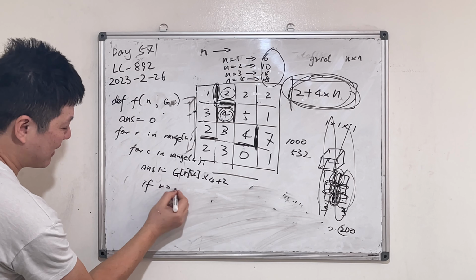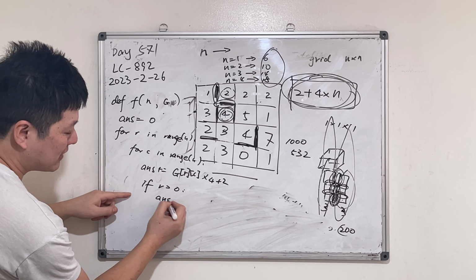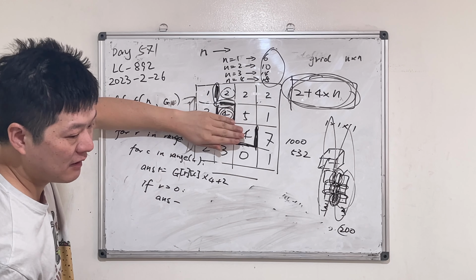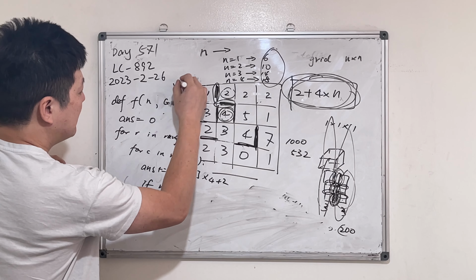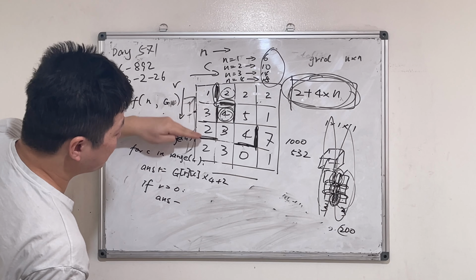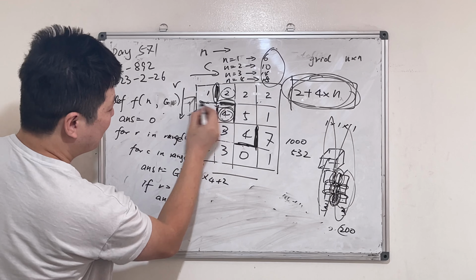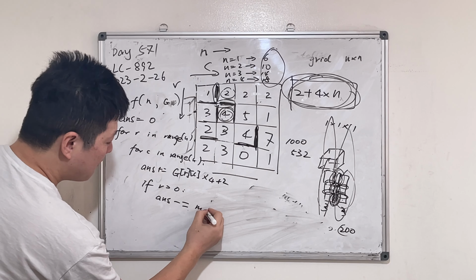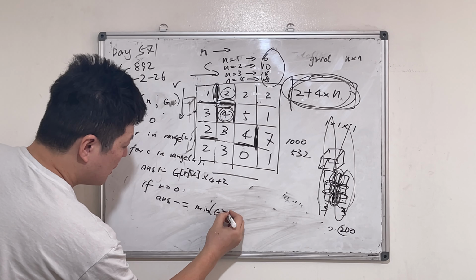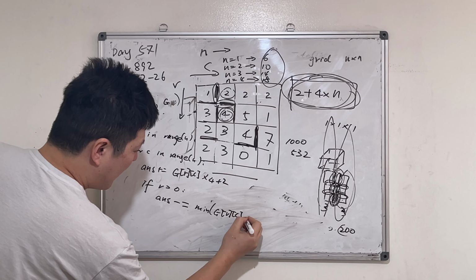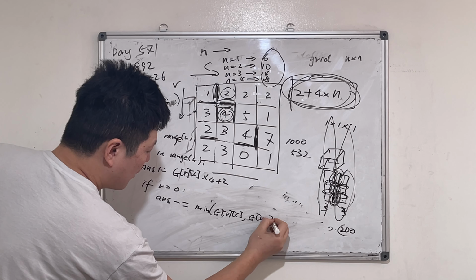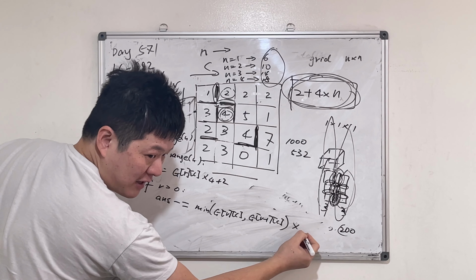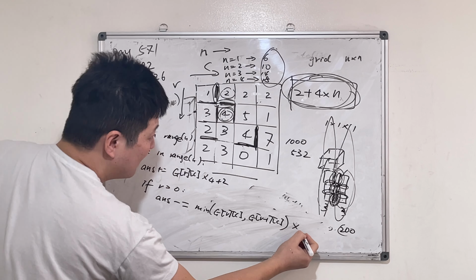If R is bigger than 0, we need to subtract. If it's from the second row, this is R, this is C, I need to subtract this common part from here. Answer minus equals the minimum of G[R][C] and G[R-1][C], times 2.